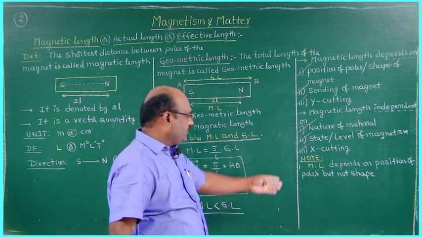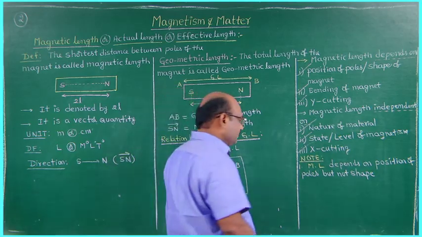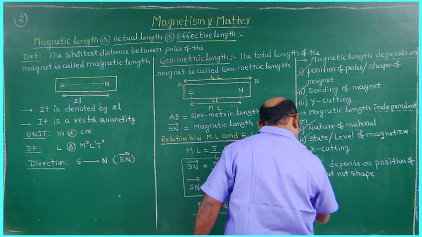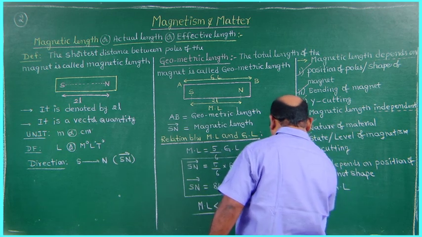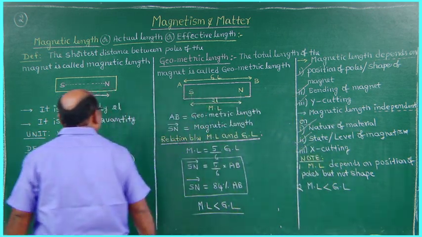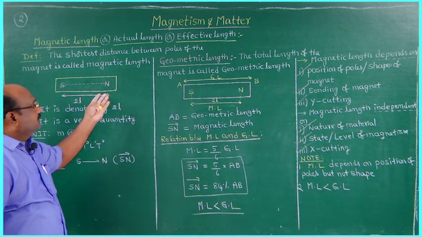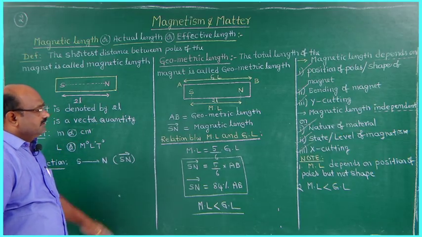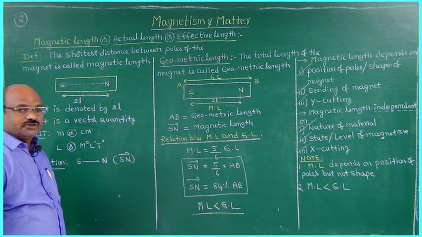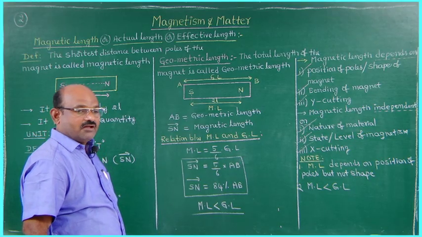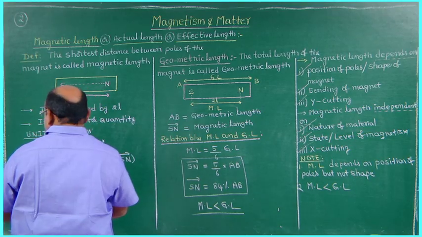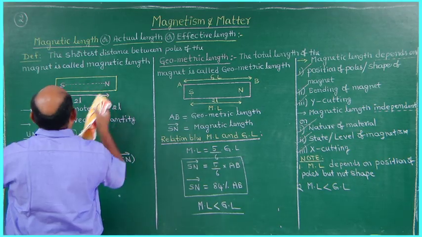Magnetic length depends on position of the poles but not shape. Second one, magnetic length is always less than geometric length, as I just said. So, these are the relation between the magnetic length and geometric length, and the dependence and independence of the magnetic length. Then after, I will move to some JEE applications.